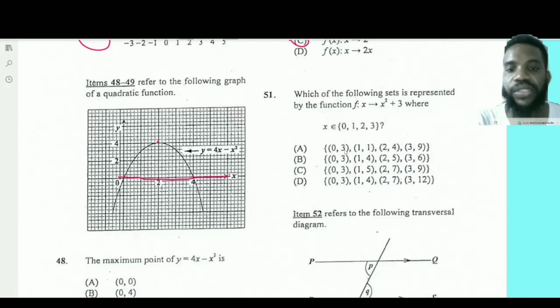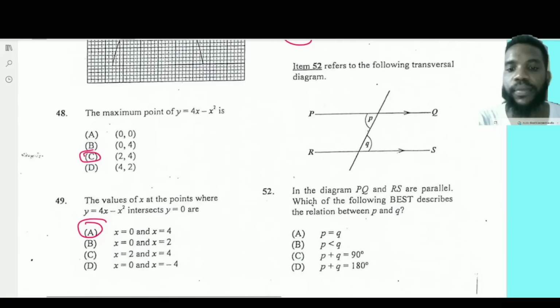So all these are correct. 1 squared means 1 times 1, plus 3. 1 times 1 is 1, 1 plus 3 is 4, so I'm looking for 1, 4. So it's either this or this. Let's go to 2. 2 squared, which is 2 times 2, is 4, plus 3, 7. So I'm looking for 2 with 7. I don't need to go further, it's D, as in dog.